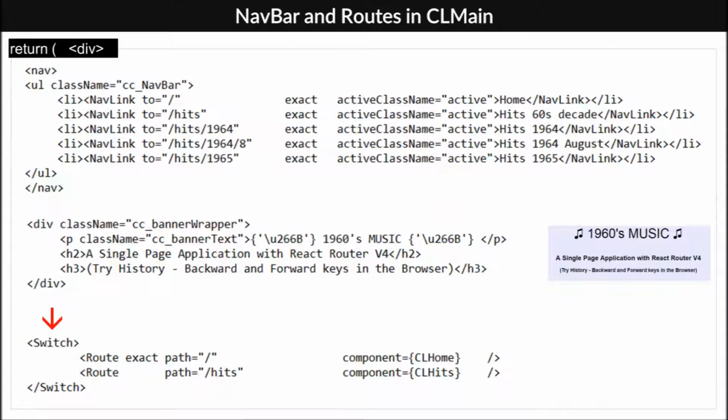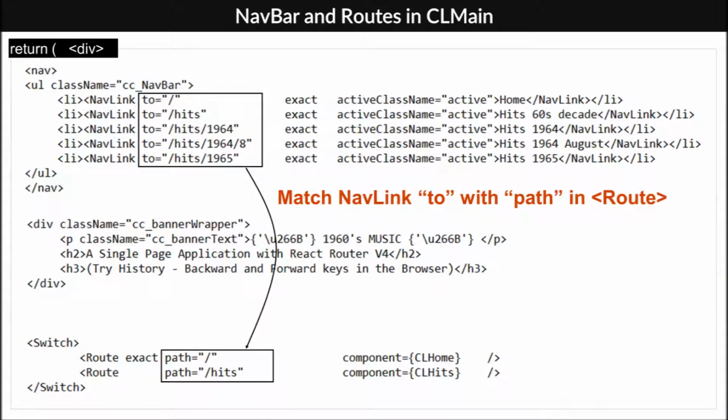And at the bottom, our first glimpse at these switch and route React JSX tags. I'm going to go into a lot of detail about this because this is what this route matching game is all about. And here's your first deciphering of the route matching. The NavLink has a to attribute, and it's got the path name from the top level, which is just slash, to slash hits, then to a year, and then to a month, in slash hits slash 1964 slash 8.